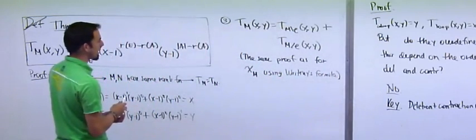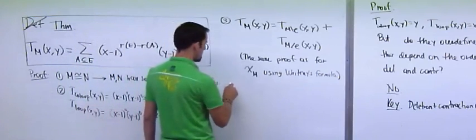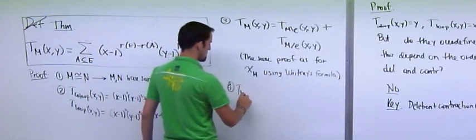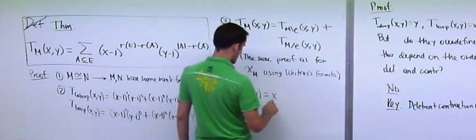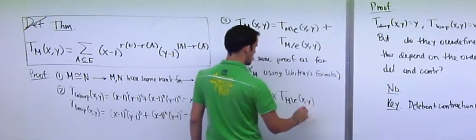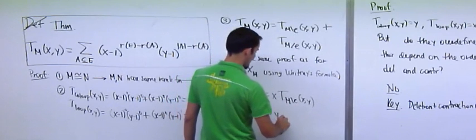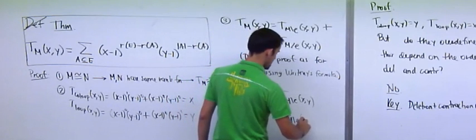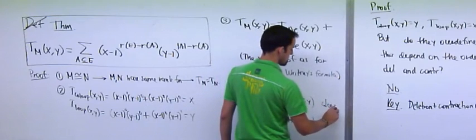Okay, and the fourth one is the same. The fourth one says if you delete a coloop, you multiply by x. If you delete a loop, you multiply by y. This is for a coloop. This is for a loop.